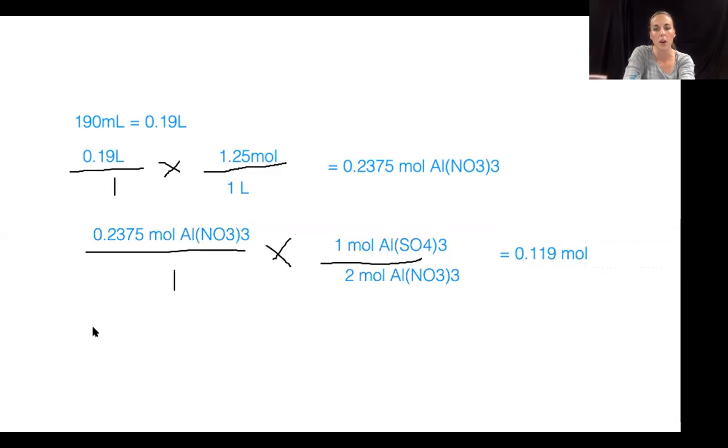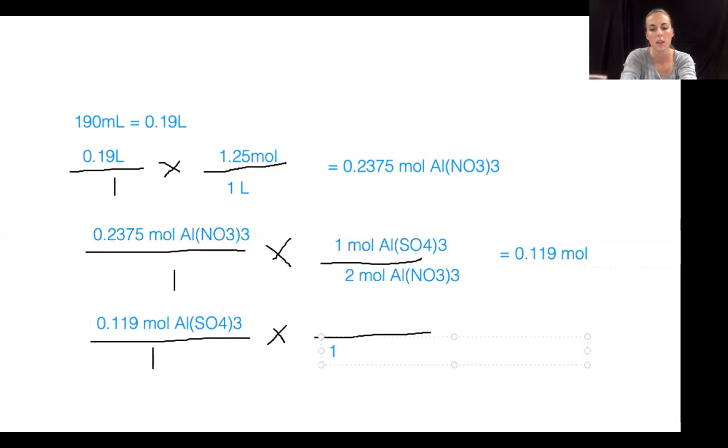Now I'm going to go from moles of aluminum sulfate to grams of aluminum sulfate. So 0.119 moles is my starting value, and I'm going to put it over 1. Conversion factor, I'm going to grams. This should be like second nature by now to everybody. We're going to have 1 mole on the bottom.